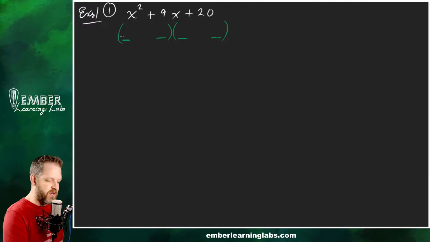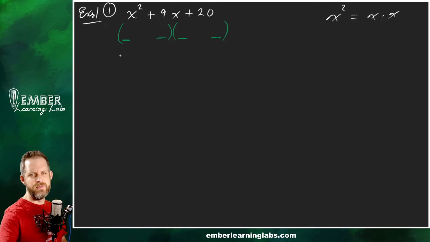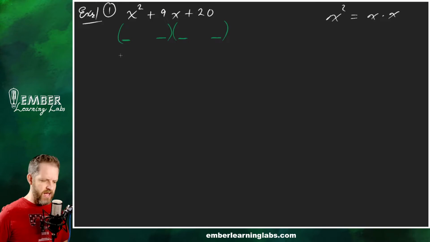For the first slot in here, we want 2 things that multiply to get the first term, so multiply to get x squared. 2 things that multiply to get x squared are x times x, right? By the way, you want to do these in pencil, or erasable pen, or get the whiteout ready, because we're going to learn to solve these using a method called guess and check.